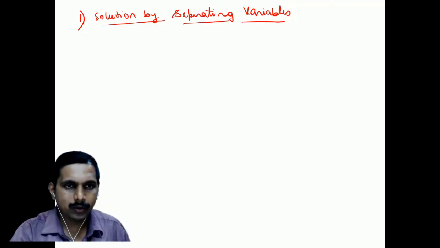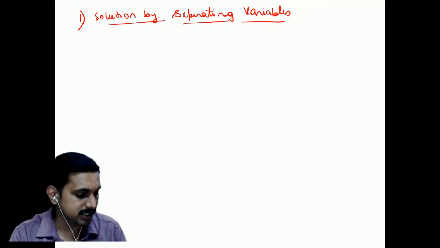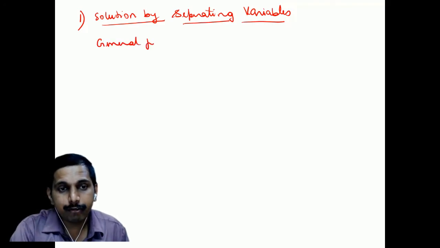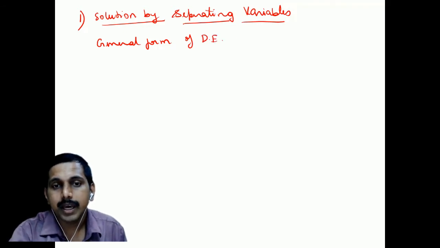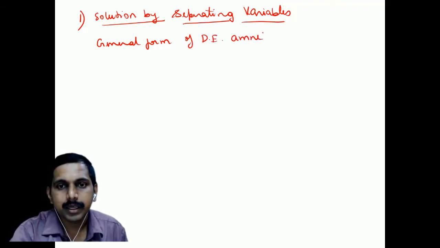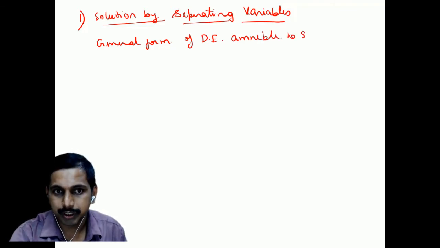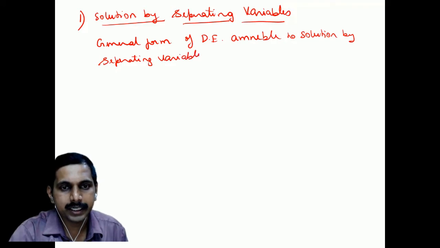Now the general form of a variable separable equation is like this.